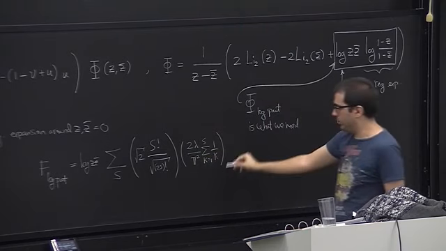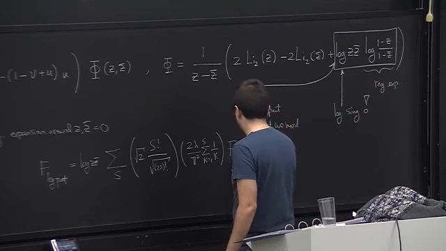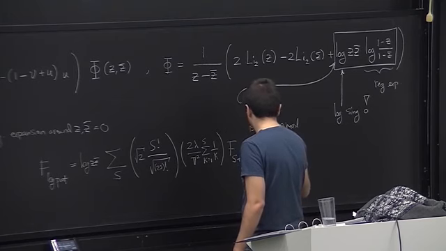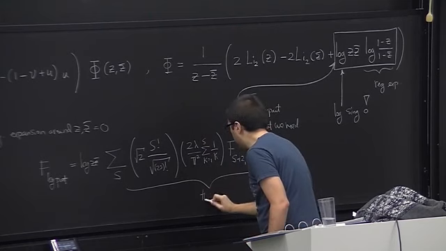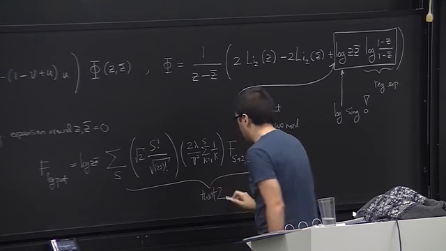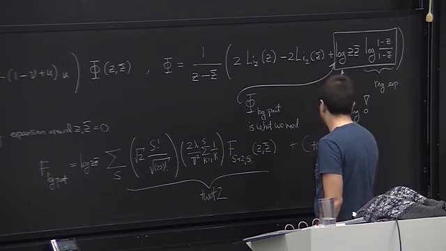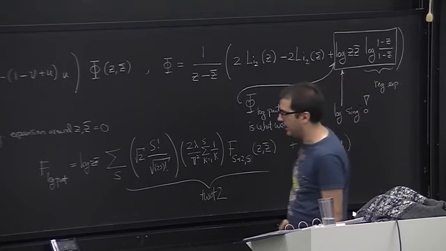This is some new contribution, times the same hypergeometric function f, s plus 2 comma s of z and z bar. This is what we call the contribution of the states with twist 2, plus there is a similar contribution from a new type of states that appears, which are the twist 4 states.